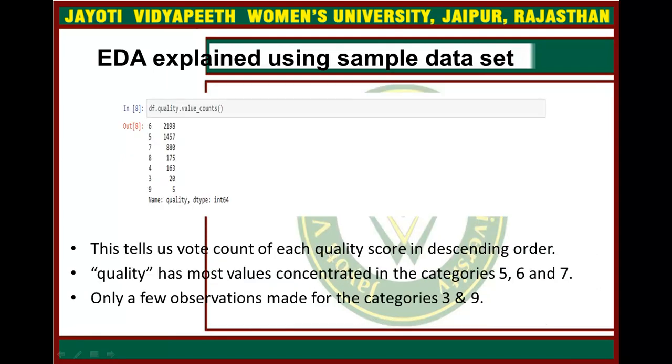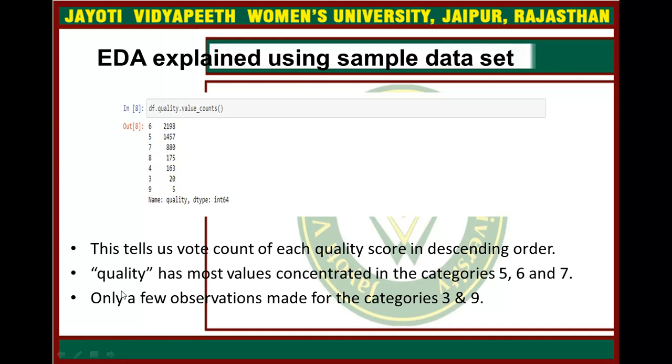Now see on this screen, this tells us the count of each quality score in descending order. Here this shows the descending order of quality value counts. See the values, 2198, and this is lesser than this, then lesser, in descending order.